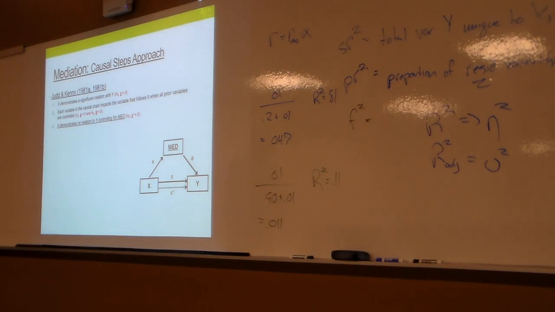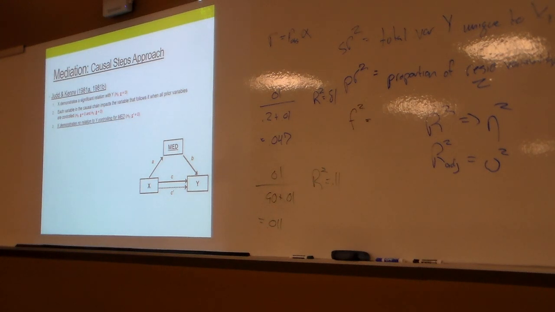This is going to be my C prime path, okay? So X is related to Y in the bivariate case, and X is related to the mediator, and the mediator is related to my outcome when I control for X, and then once I control for my mediator, this C path goes away. Right? It's no longer statistically significant.